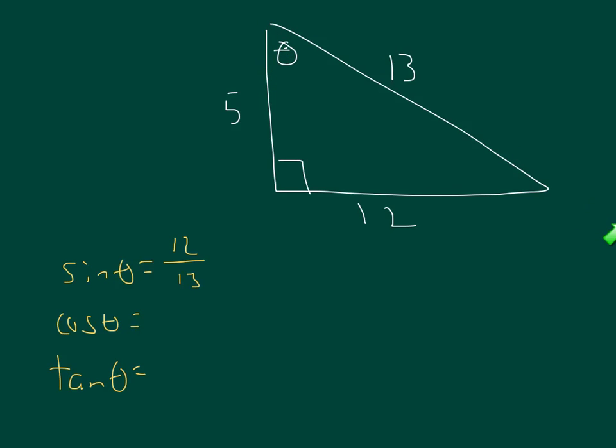These sides will just be much larger, but it will be a scaled version of what we have. And theta remains theta for all triangles with opposite side to hypotenuse in a ratio of 12 to 13.